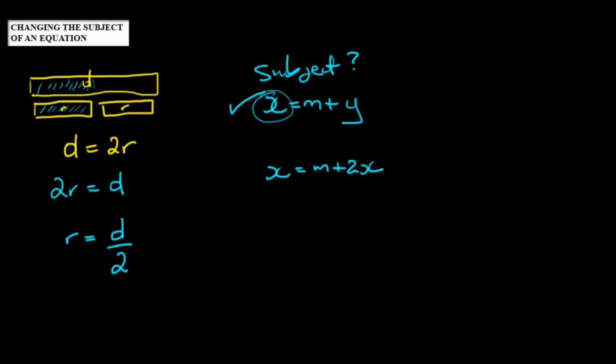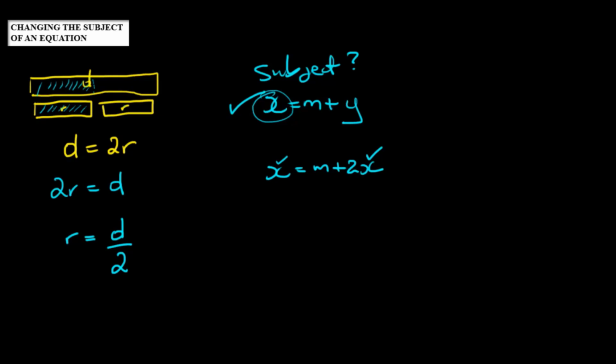No, it wouldn't be, because I have x on this side and I have an x on that side. Whenever we make something the subject of an equation, it has to be by itself on one side of the equal sign. So we can't have a part of it here and a part of it over there.